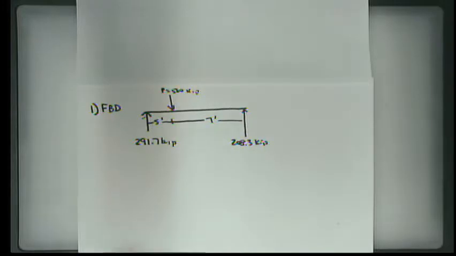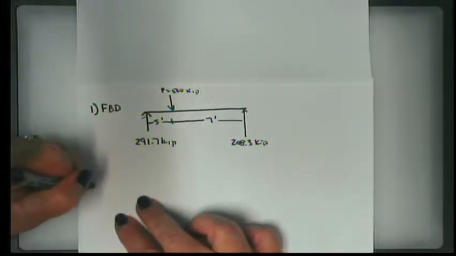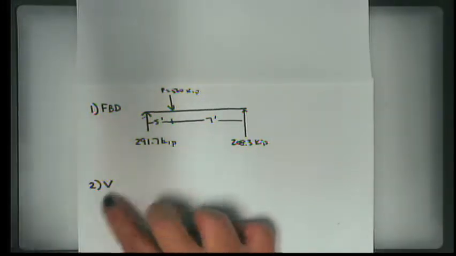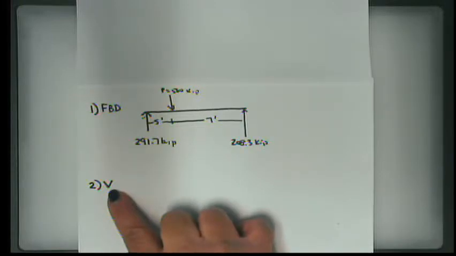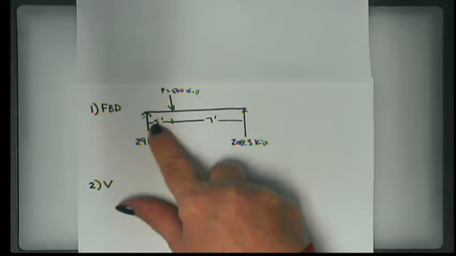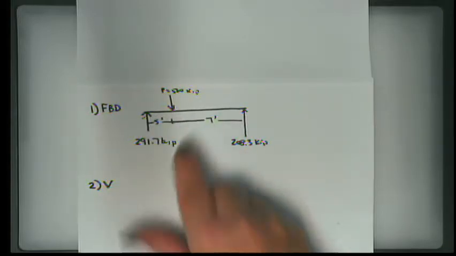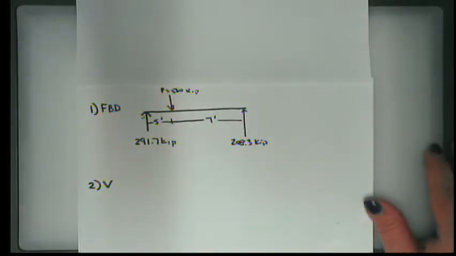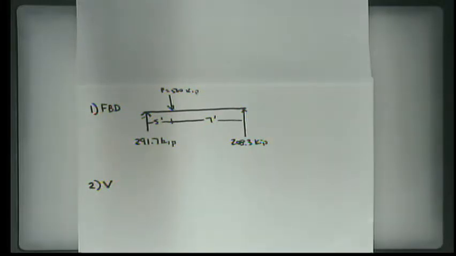Now the next thing we need to do is to find the shear diagram. And the shear diagram is the internal response of this beam to the applied loads. And this is where that idea of cutting from the right or the left comes in, determining what's going on inside of the beam using the sign convention that I just gave you.